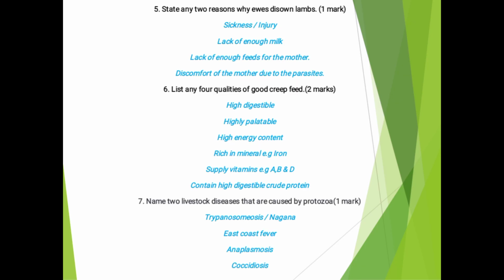Okay, next question. State any 2 reasons why ewes disown lambs. Now, ewes are female sheep. Female sheep do disown their babies or lambs when the lamb is sick, or when the mother herself is sick or injured.